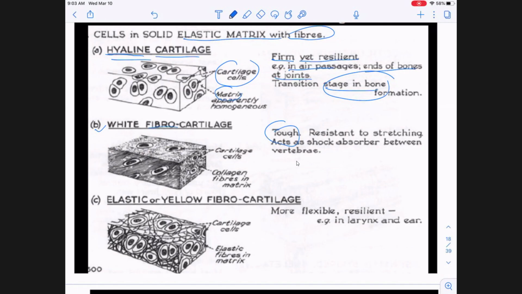And this one is in the vertebrae, a tough structure. So white fibrocartilage, even amazing things, they also form a ring kind of structure. Very interesting.